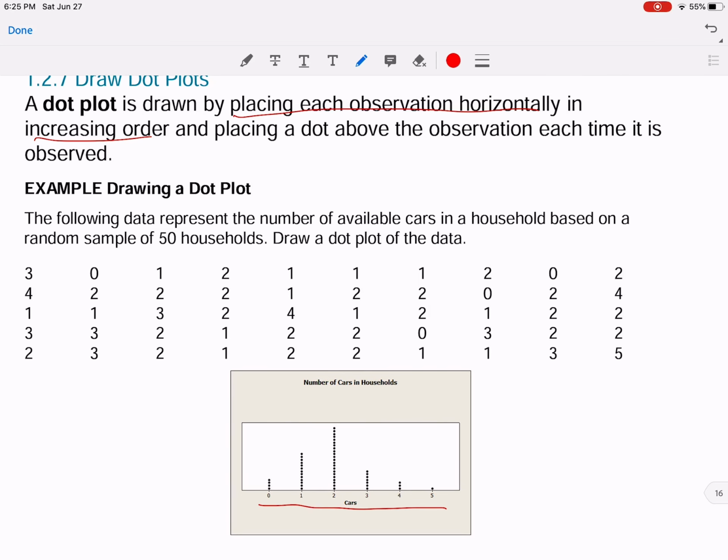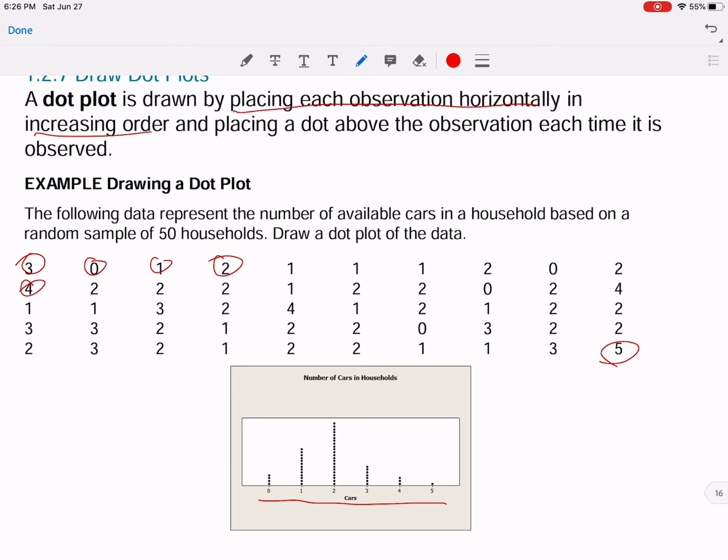Okay, so based on the example over here, the following data represent the number of available cars in the household based on a random sample of 50 households. Draw a dot plot of the data. So of course, we have 0, 1, 2, 3, 4, and 5, all 6 of them different numbers. So we put them in ascending order on the horizontal axis.